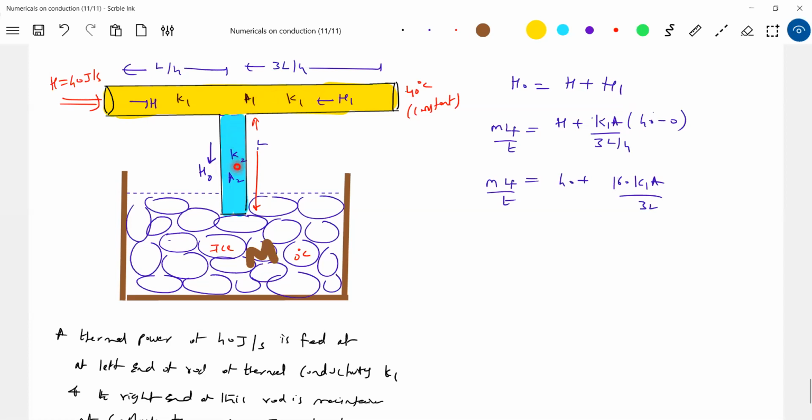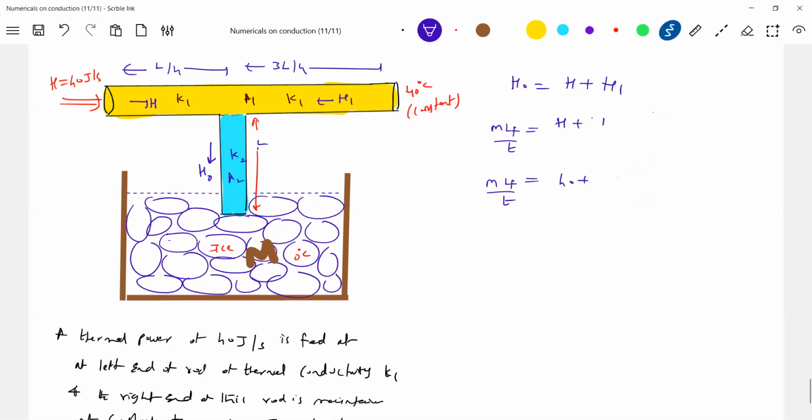See, in this particular rod, due to this 40 degrees, there'll be flow of heat, between 0 and 40. So what is the total thermal resistance? It will see the resistance of this plus this one, the effective resistance. They're in series, so that should be taken. I think I had to make a correction here. Again, the series-parallel idea we are forgetting.